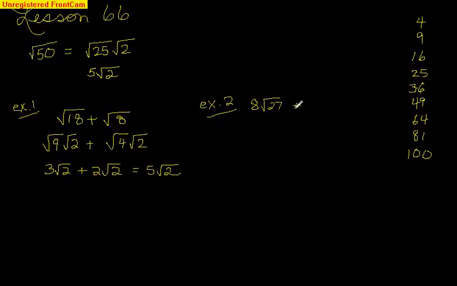The 8 is multiplied times this. It would be a 1 right here. So these are multiplied together. So whatever we take out, we're going to multiply by 8. So we get 8 times the square root of 27. The biggest perfect square that divides into 27 is 9. So we have the square root of 9 times the square root of 3. The biggest perfect square that divides into 8 is 4.